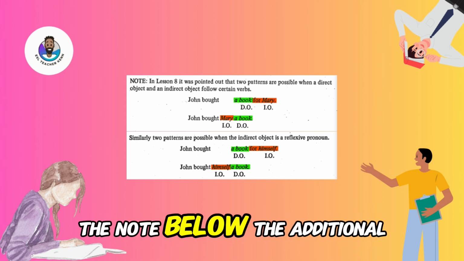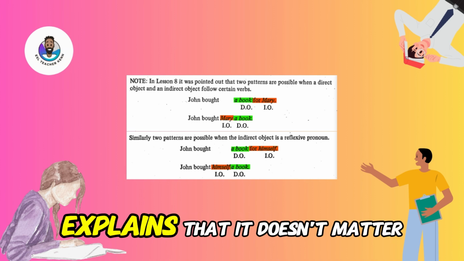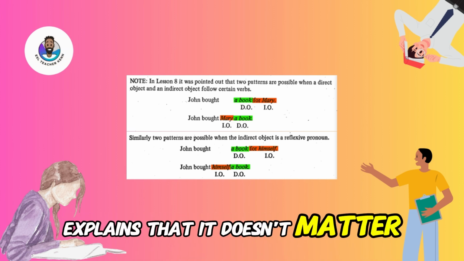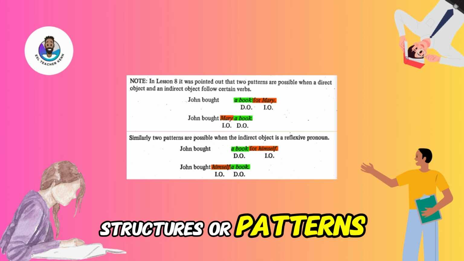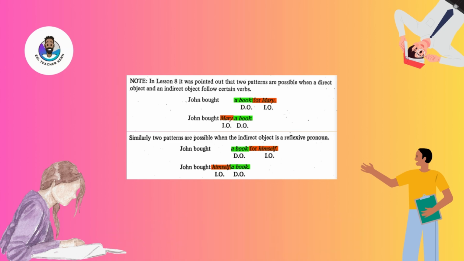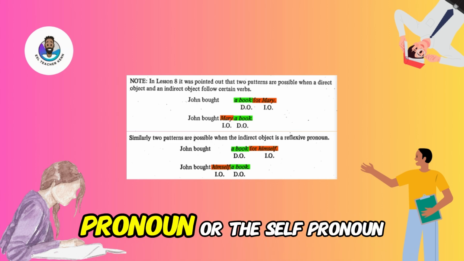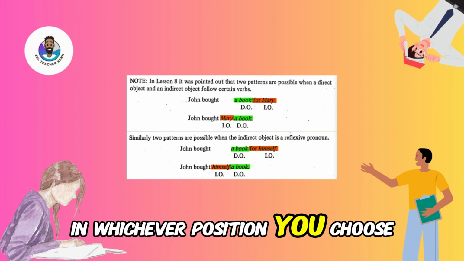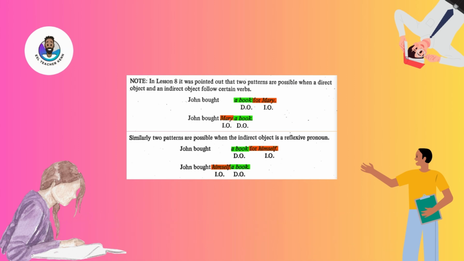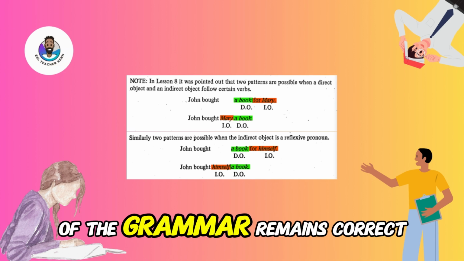The note below the additional examples explains that it doesn't matter if the action has both structures or patterns as possible. You will use the reflexive pronoun or the self pronoun in whichever position you choose, as long as the rest of the grammar remains correct.